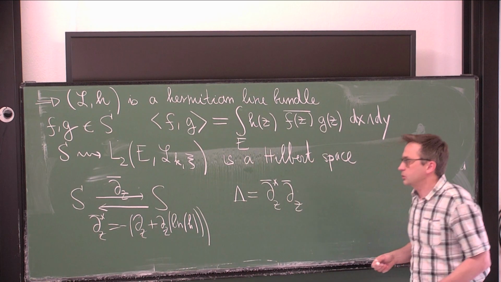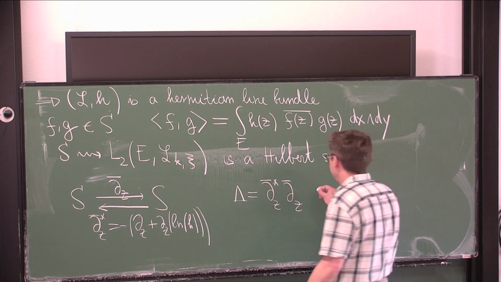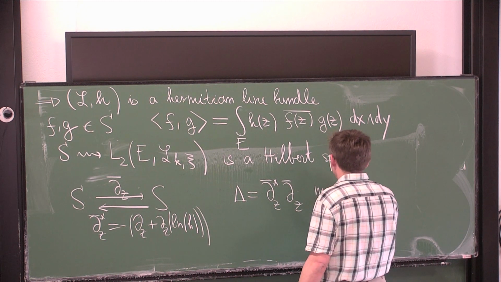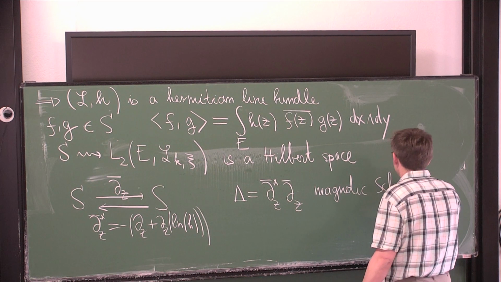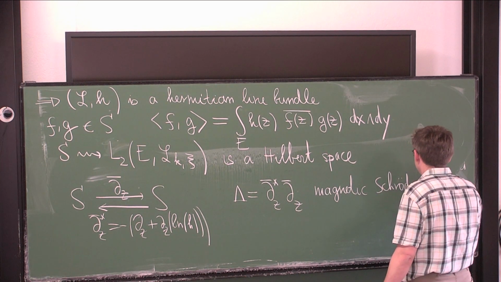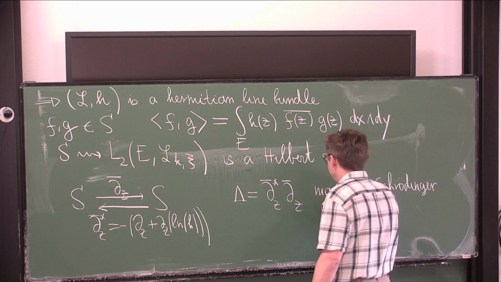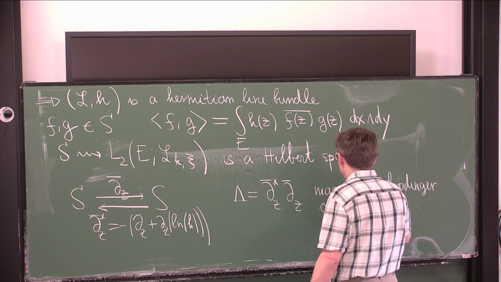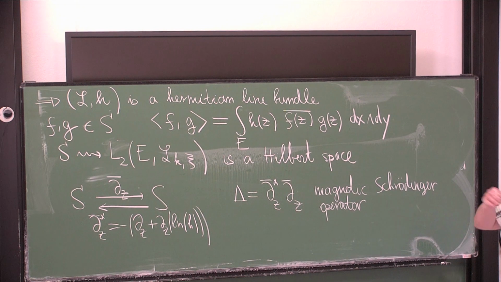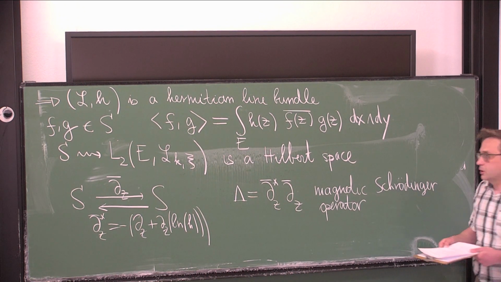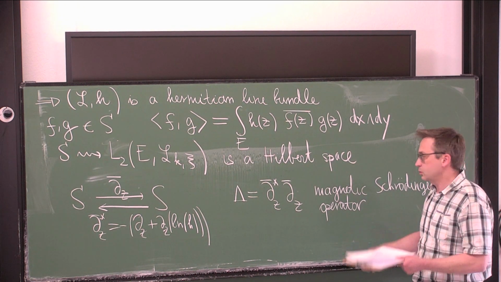so combining these two operators, we get a magnetic Schrödinger operator, describing quantum mechanical behavior of a charged particle in a magnetic field on a torus.